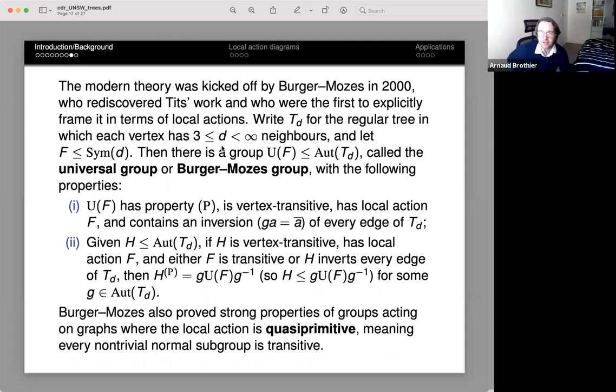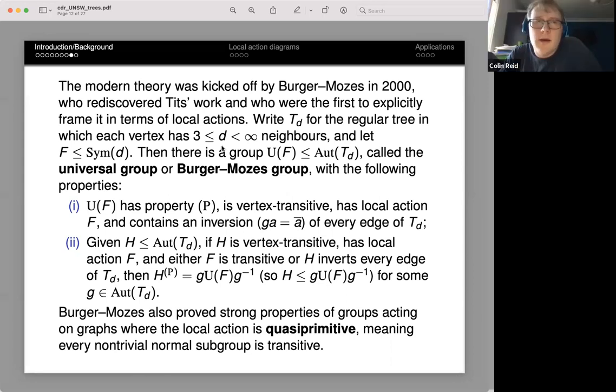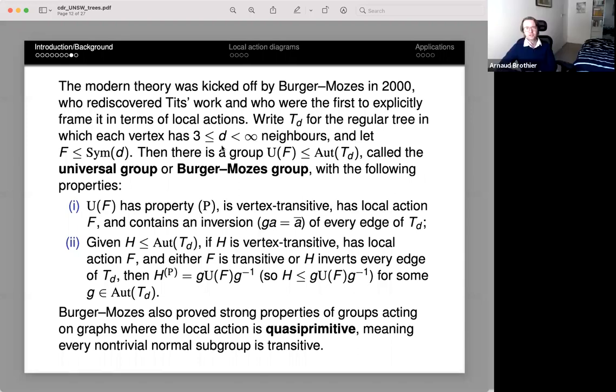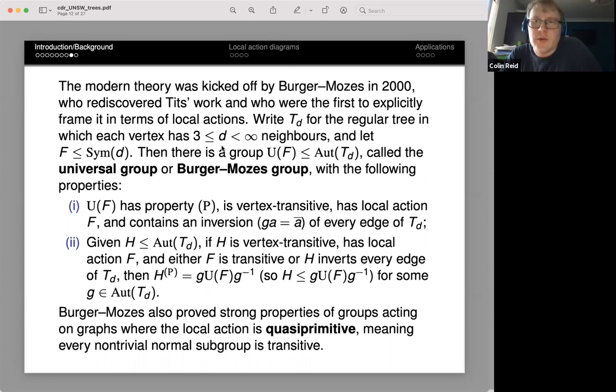Can I just ask you one thing? Yep. Burger-Mozes, they are trying to establish some rigidity results, no? Was it like they are in the continuation of Margulis or something like that? I think there were, yeah, I'm not sure. There were various motivations for them to study lattices in products of trees. I can't remember exactly which one was their main motivation, but there's two papers by them.